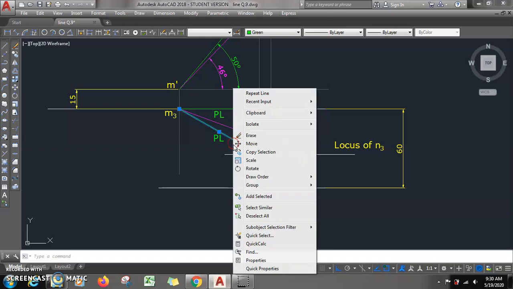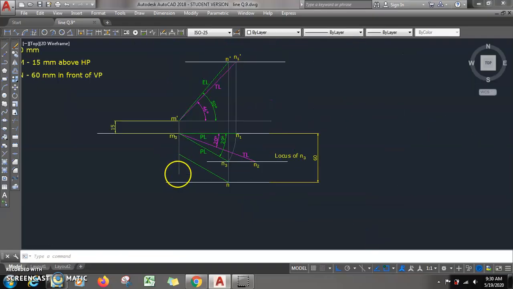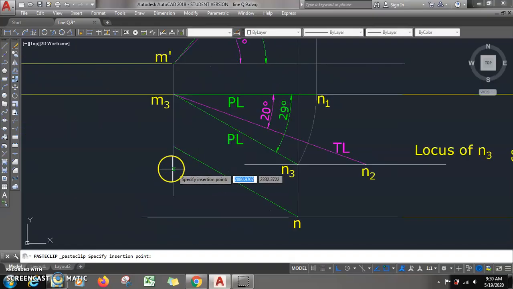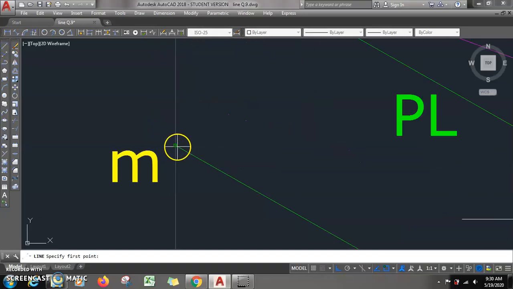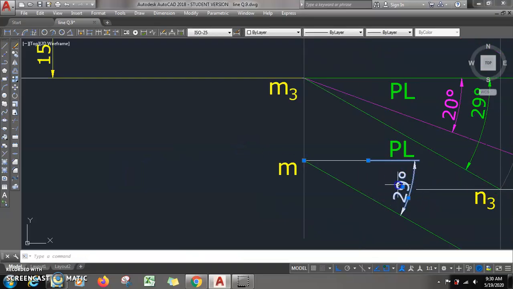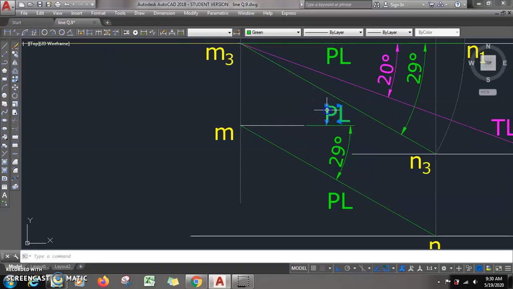This line I will copy selection from N3 to N, because this is the final location of point N, and ultimately this point will be point M, and you see angle with horizontal is going to remain as it is. How much is it? This angle is 29 degree, and this length is what? This length is nothing but plan length.